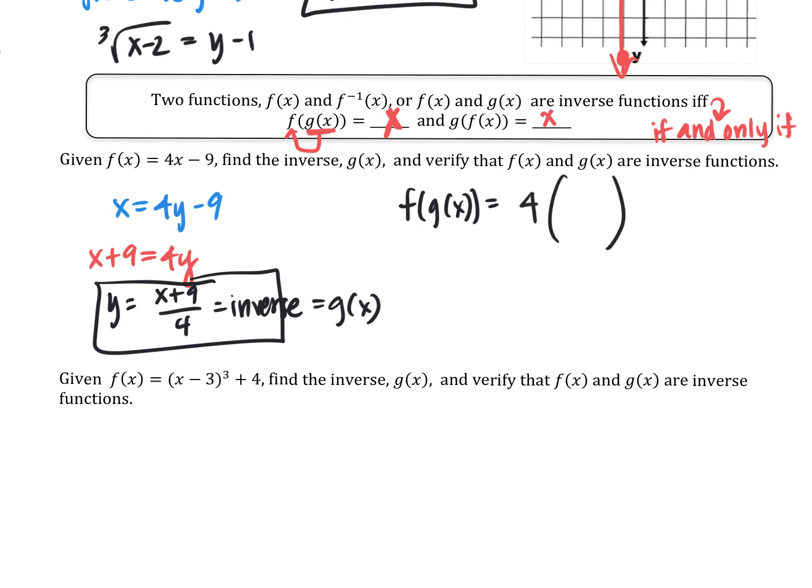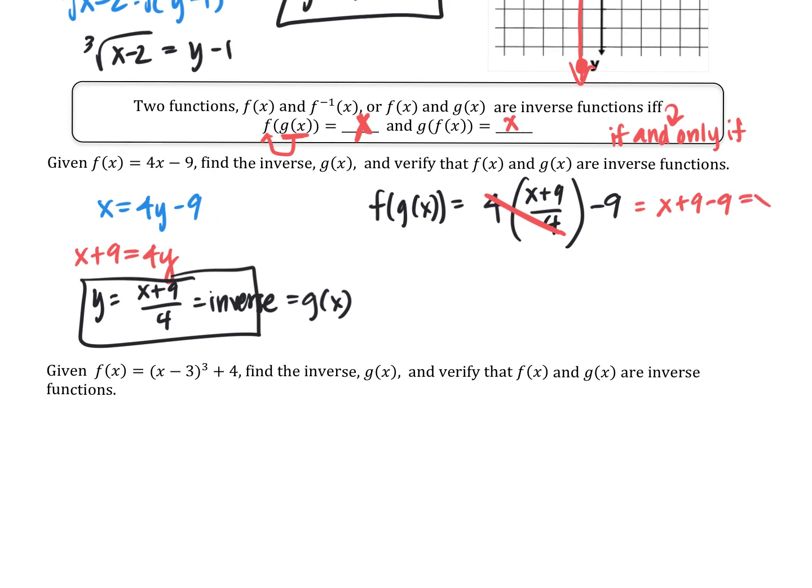I'm going to replace that x with the what? Beautiful. What do I need to finish it with? Minus 9, right? Then, do things cancel out? Doesn't 4 over 4 cancel? And then I'd be left with x plus 9 minus 9. What's that going to be left with? Hey, that's what they meant right here. When I plug g into f, the inverse into the function, I need to get x every time.